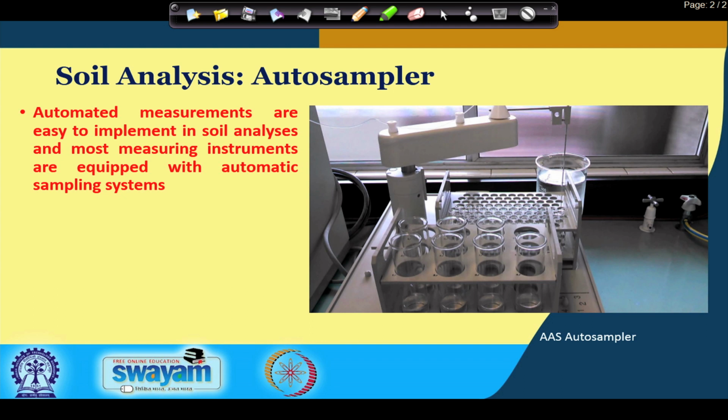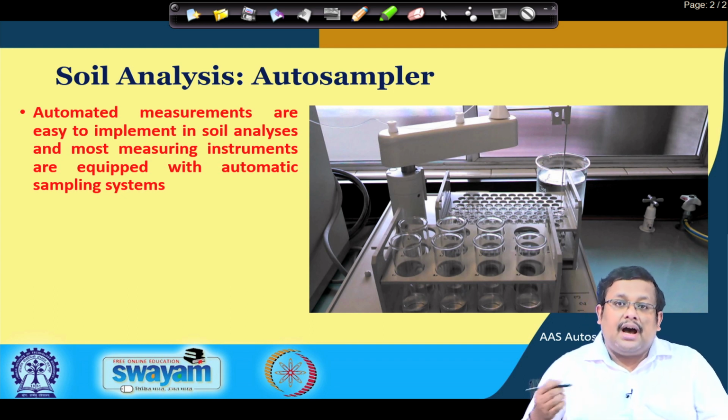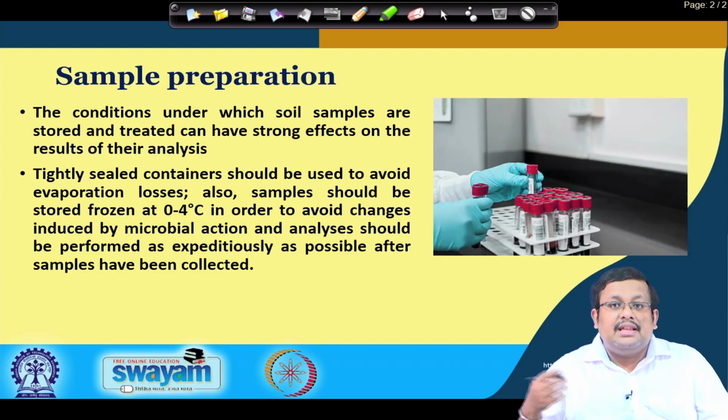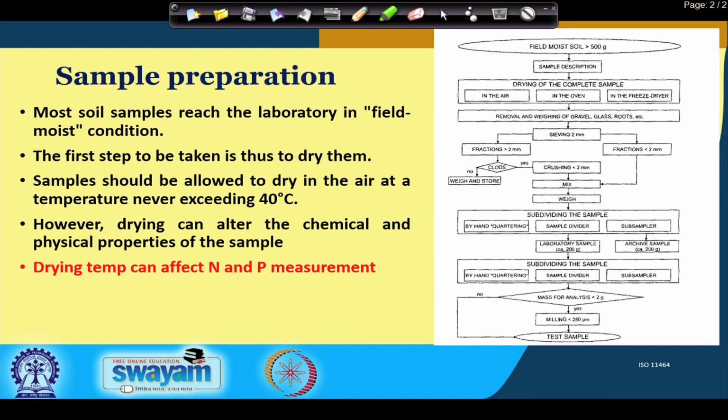This auto sampler is an integral part of different high valued instruments, which generally helps with automatic sampling for subsequent analysis. Then we talked about sample preparation, why it is important, and we covered different steps of sample preparation like sample description, drying of the complete samples in the air, oven drying and freeze drying.